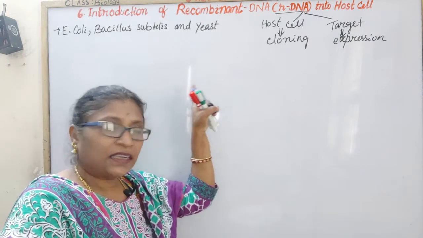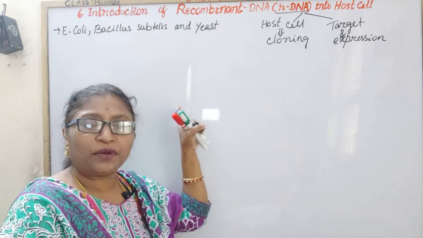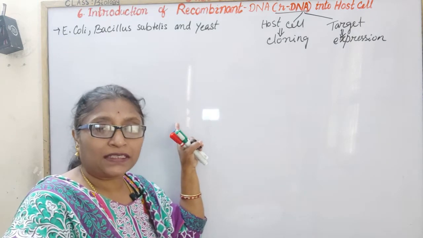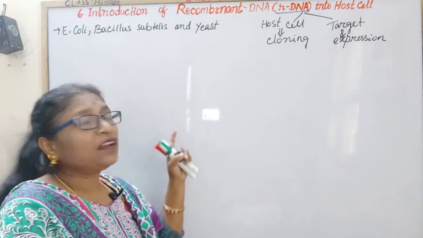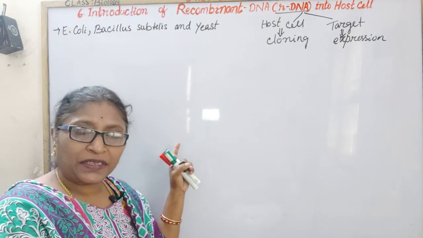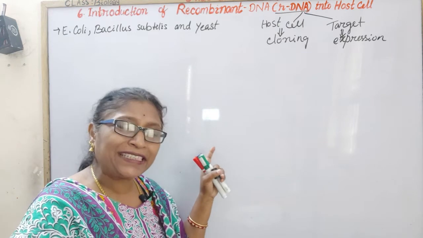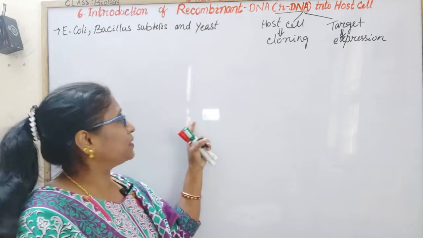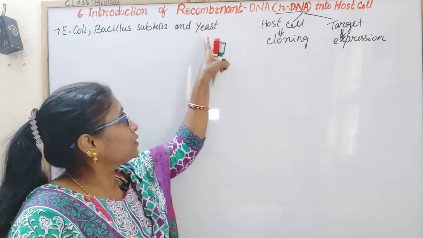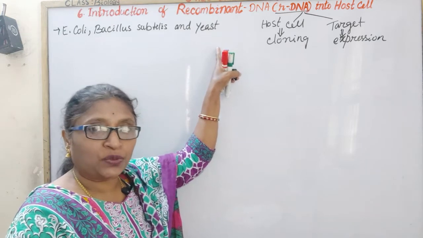Now, in which cells are these introduced? Basically, the rDNA is introduced into E. coli cells, or Bacillus subtilis. Why Bacillus subtilis? Because it is capable of surviving in extreme conditions. That's why Bacillus subtilis bacteria is also used, and even yeast is used.